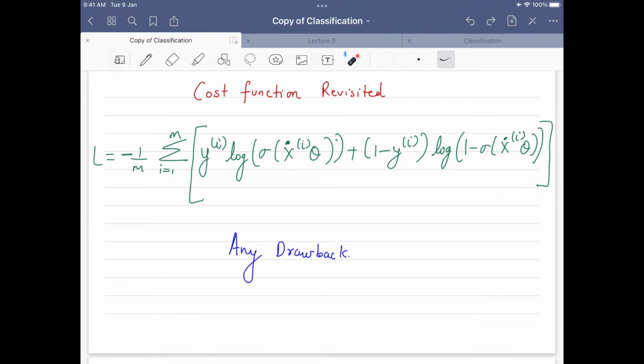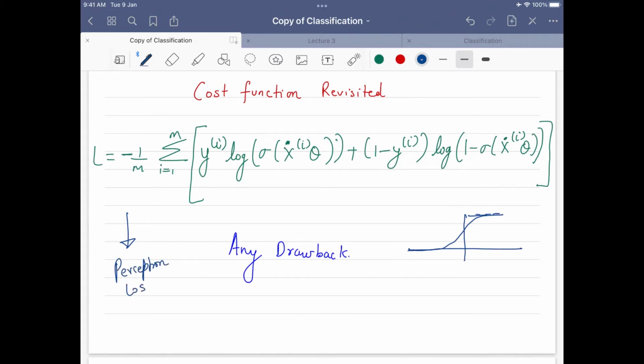So you can clearly see that at the extreme ends of the sigmoid, on both the sides, this particular function will not be defined. We will see how we can overcome this drawback by using another loss function, which we are calling the Perceptron loss function.